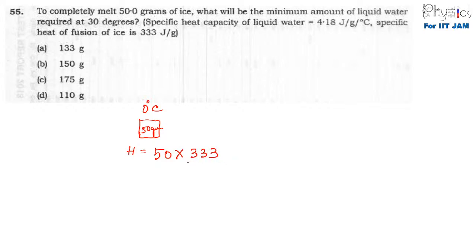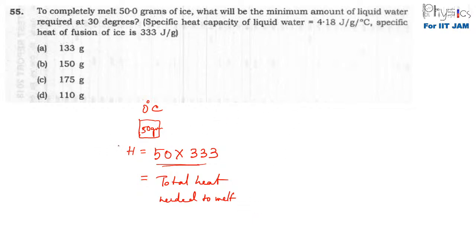This is our ml, right? This is our ml. So it gives us the total heat which is needed to melt the ice, right?